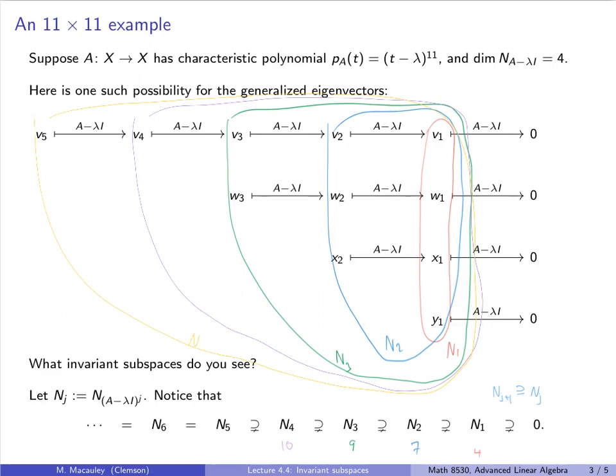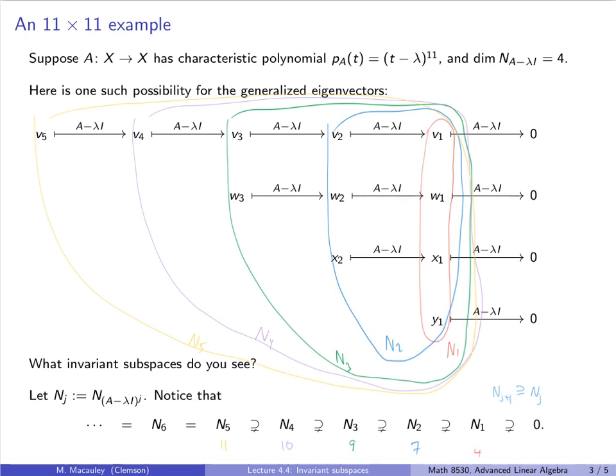So this is going to be N5. This is 11-dimensional, and I forgot to write N4, which is right there. And then, of course, N6 is equal to N5 because we don't have any more generalized eigenvectors. So this is going to terminate, and all successive N7, N8, etc. are all going to be equal to N5.